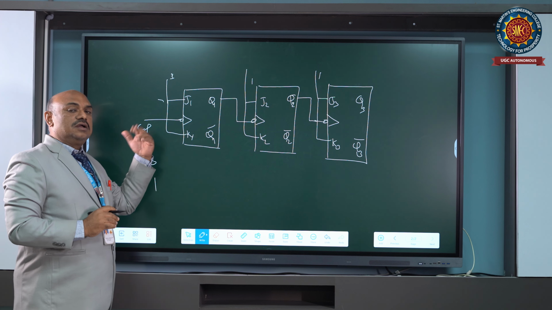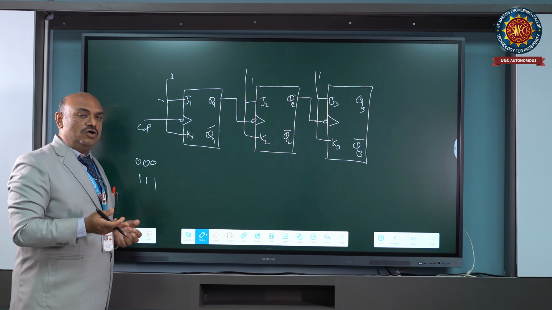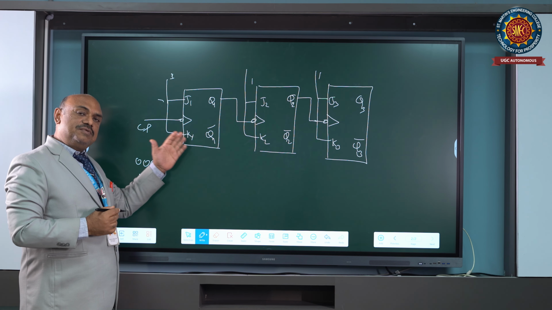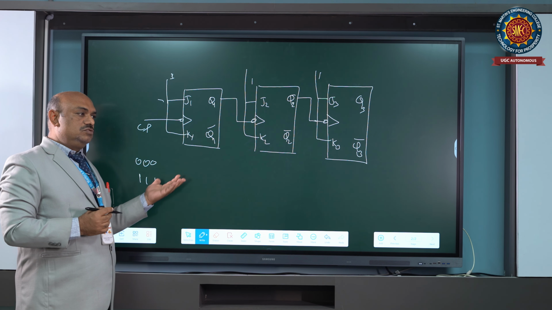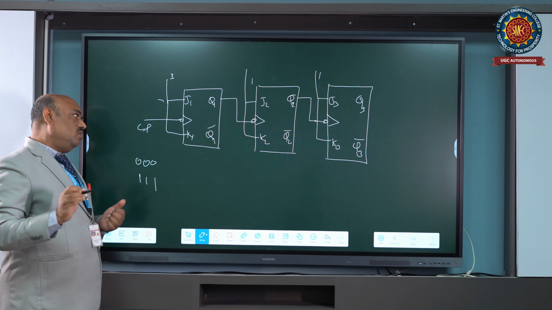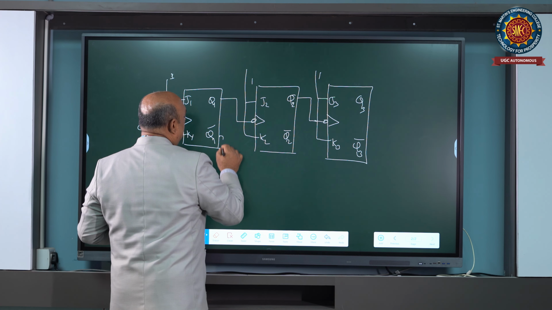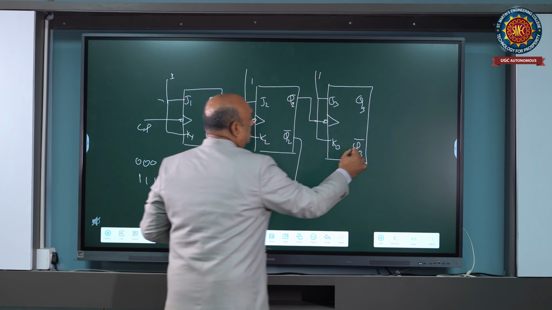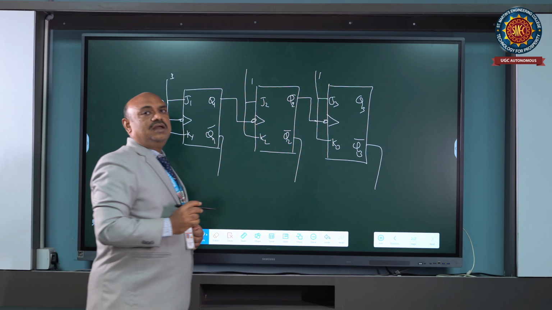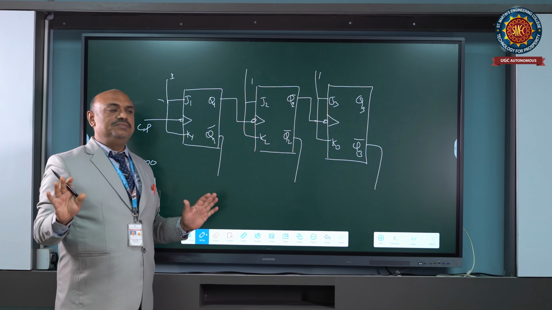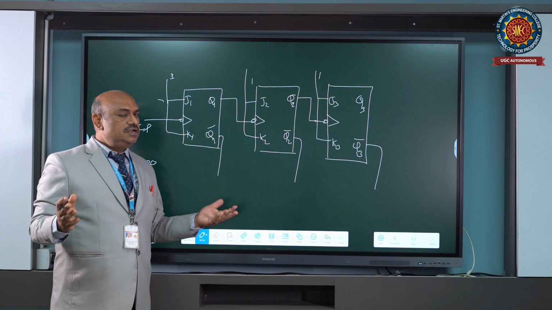Now, the same counter is counting up. If you want to make a down counter, the same counter can be used. There are two methods here. One method is simply taking the output from the inverting terminal. By taking the output from the inverting terminal, the same counter can be used as a down counter.